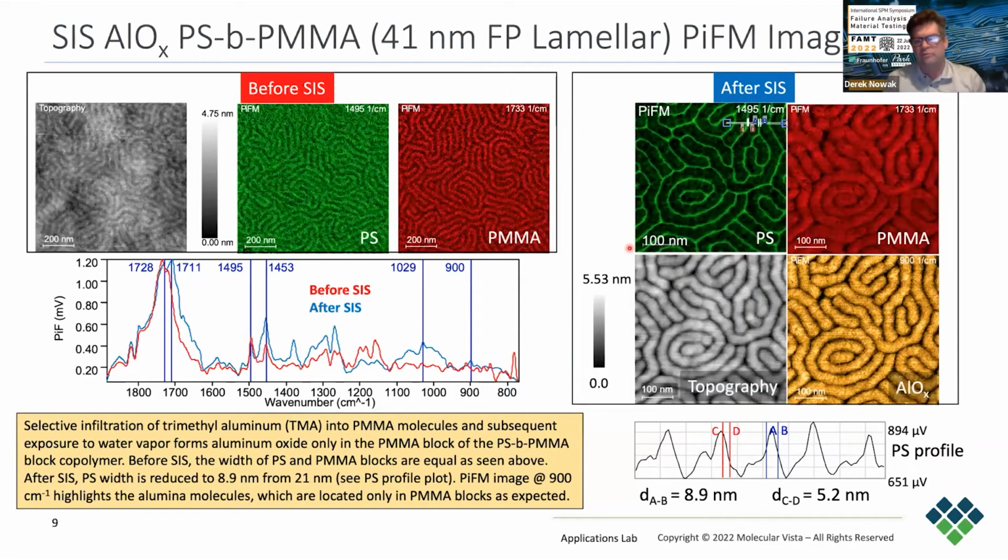Now, if we look at some other applications and how you can deconstruct composites, here we're looking at these traditional block copolymer fingerprint patterns. I imagine most people in the audience already know this, but just in case, I don't want to make any assumptions.